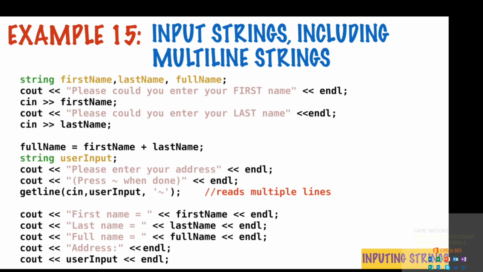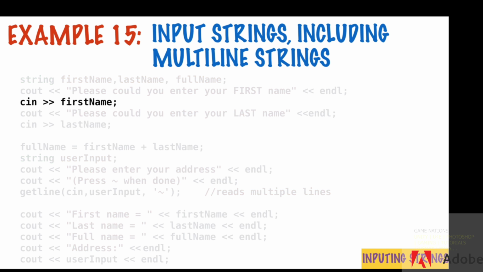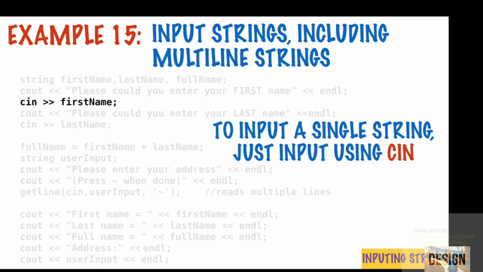The first line that catches our eye is where we input a string from the standard input stream cin using the get-from operator. This is exactly as we would expect for any other data type such as an int. This will read from the standard input stream, which is usually the keyboard input, take the string that it finds over there and assign it into the variable called first name.